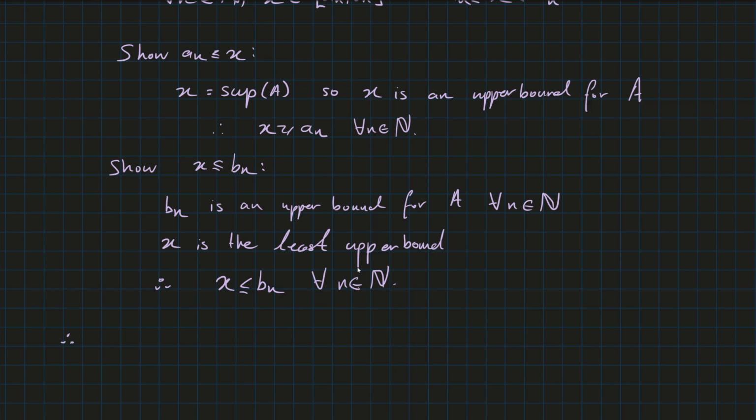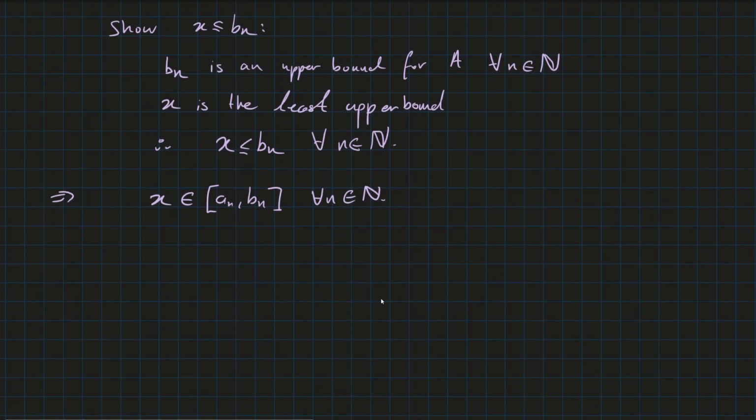Therefore, we can conclude that x is in [An, Bn] for all n in N. And so x is an element of the infinite intersection of all the I_n's. And so, of course, this infinite intersection is non-empty.